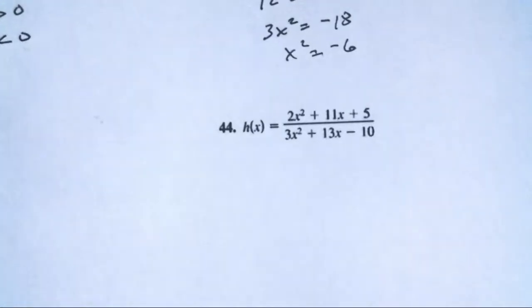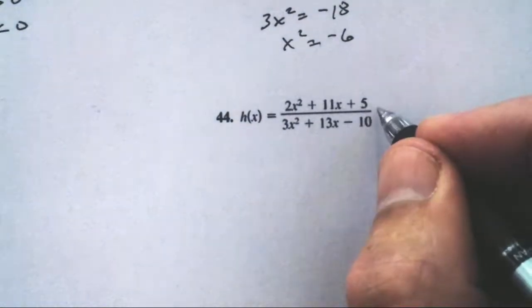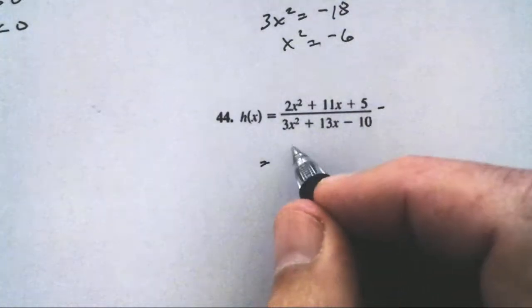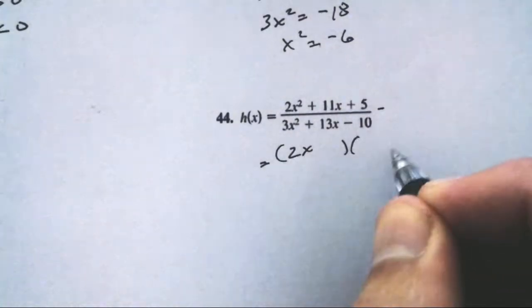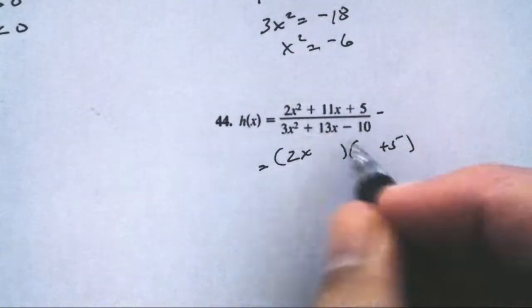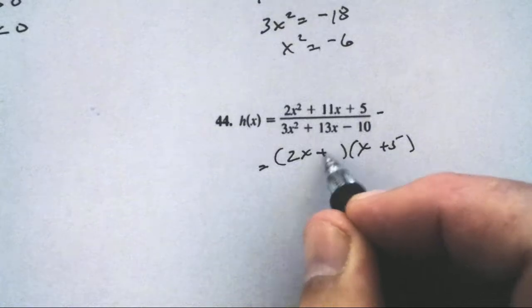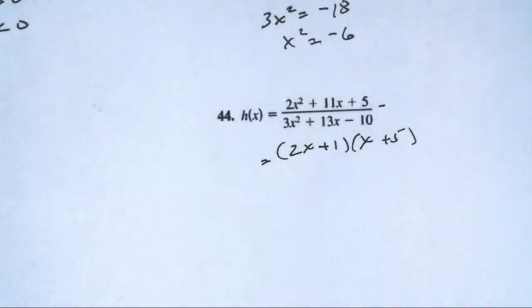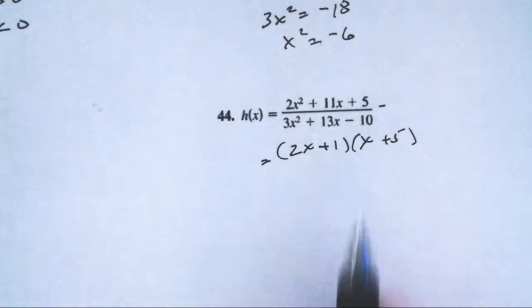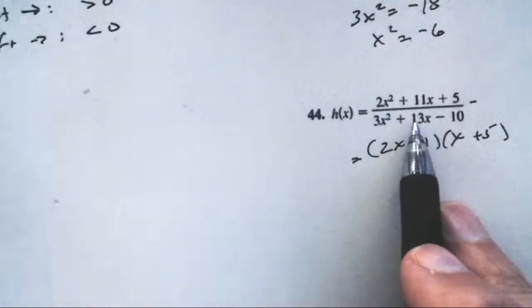And finally, 44. I'm going to factor. I think I can get this one, 2x, and factor on your own, but there's a 10, and I can get an 11 here, 2x and x plus 1. Now, part of me suspects maybe one of these things is a factor, but I'm just going to sidebar this.